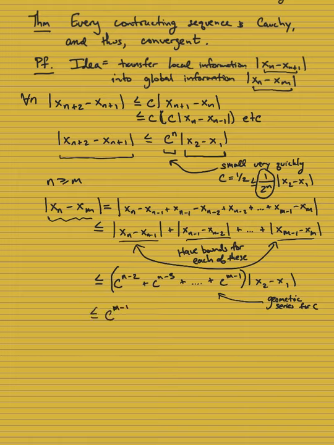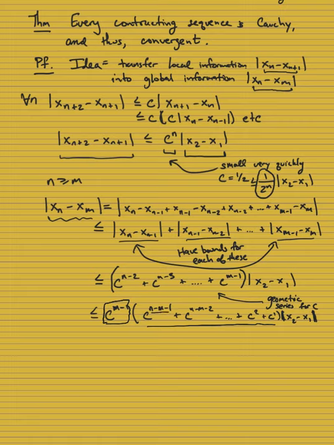I'm just going to pull out an m minus 1, and then you get c n minus m minus 1 plus c n minus m minus 2 all the way to plus c squared plus c1 times x2 minus x1. Okay, so I'm just going to leave it up to you that the subscripts are right. You should think this c to the m minus 1 just comes from the fact that we're starting at x sub m, and this remaining part is just the gap between n and m.